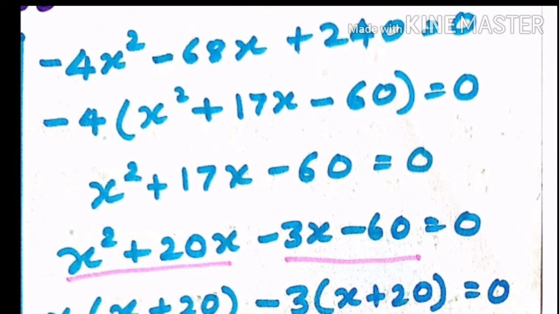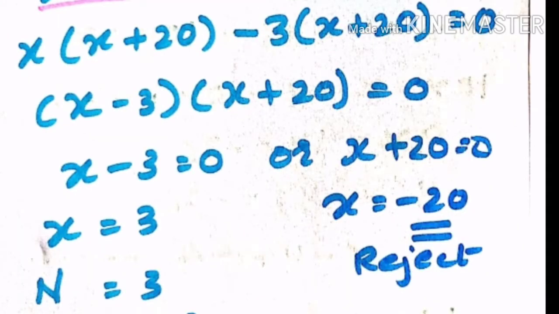You can also make an underline like this in your solution to get it very clear. So in the next step, x into x plus 20 minus 3 into x plus 20 is equal to 0. x minus 3 into x plus 20 is equal to 0. So x minus 3 is equal to 0 or x plus 20 is equal to 0. So I get x is equal to 3 and x is equal to minus 20.